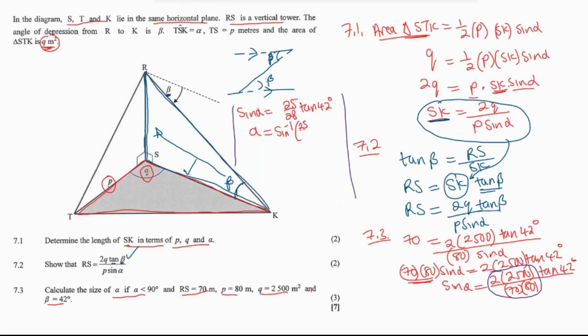So it's arcsine of 25 over 28, then tan, open bracket 42 degrees, close bracket, and then close bracket again, because we've opened two brackets, so we must have two closing brackets. Alpha is equal to 53.50725593, which is alpha equal to 53.51 degrees.